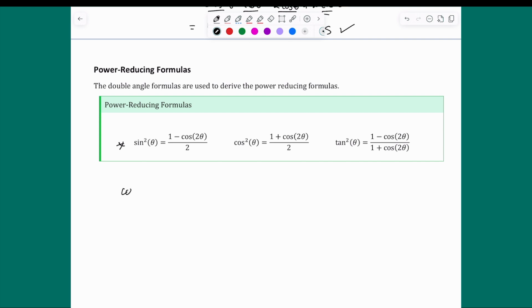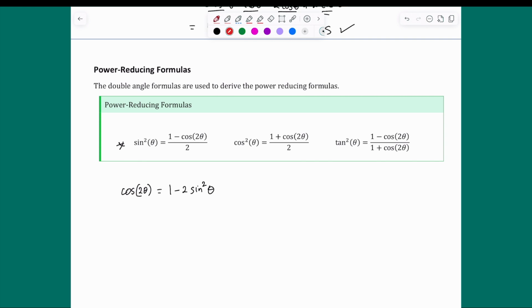We know cosine of a double angle, in other words, twice an angle, is equal to 1 minus twice sine squared of the angle. That's one of the equivalent forms of the cosine double angle formula. And so if you solve for sine squared of theta, you basically get the identity that's called the power reducing formula.